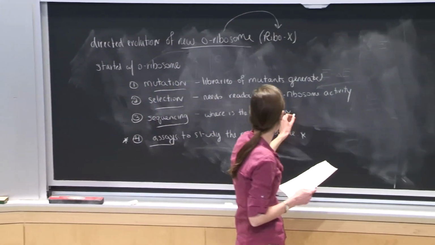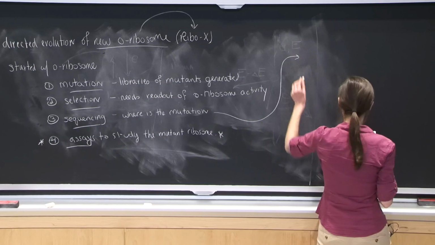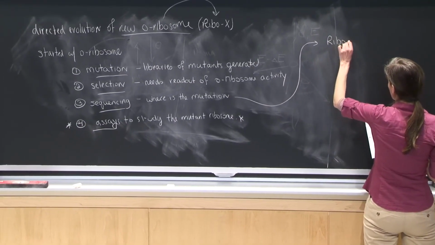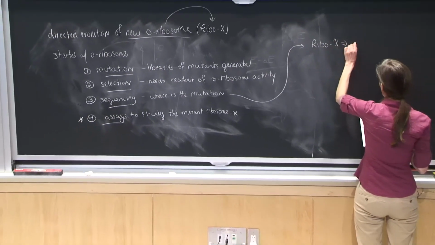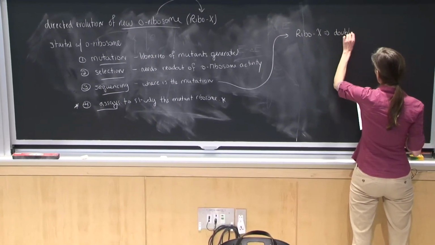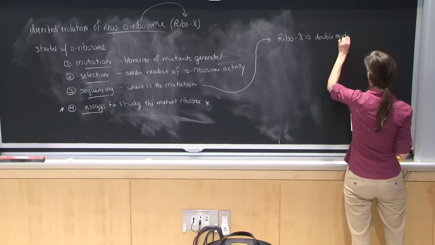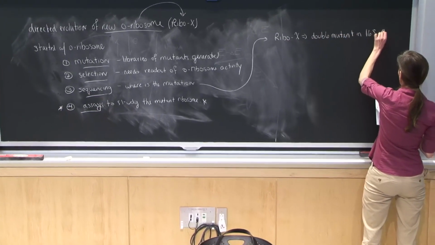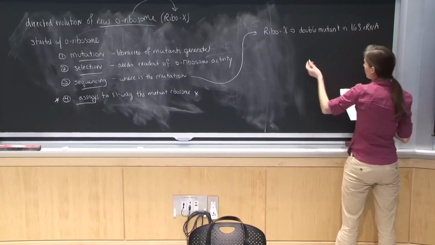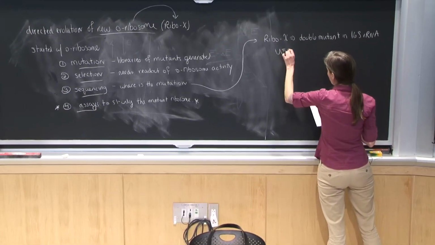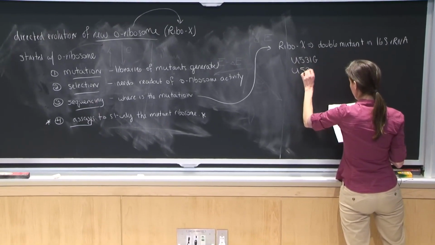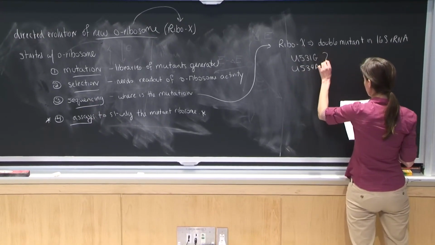What they found after going through this work is that for RiboX, it's only a double mutant in the 16S rRNA. So 2 positions, U531G and U534A.